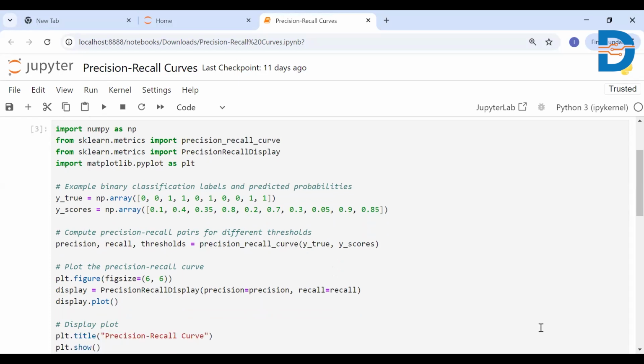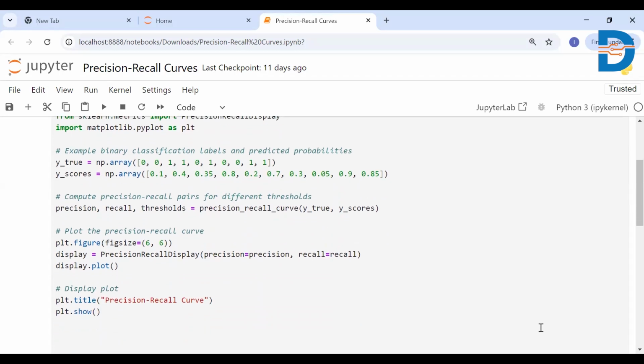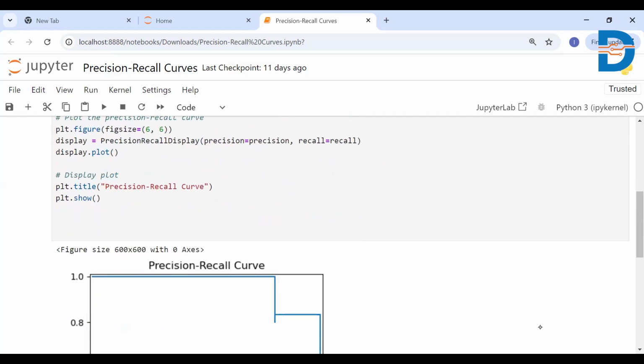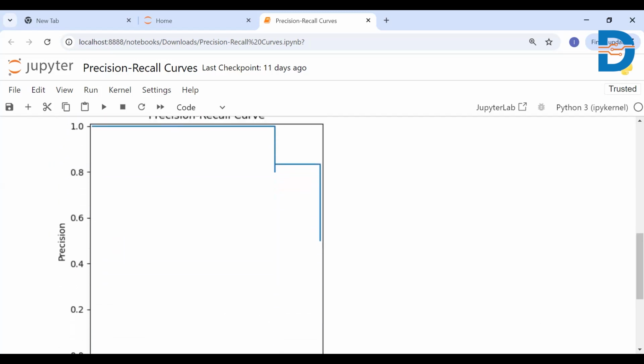So we give both the actual labels and the predicted probabilities to the precision recall curve, which plots precision and recall by evaluating at different thresholds. Whatever values we get, we give to the precision recall display, and that gives us this curve.